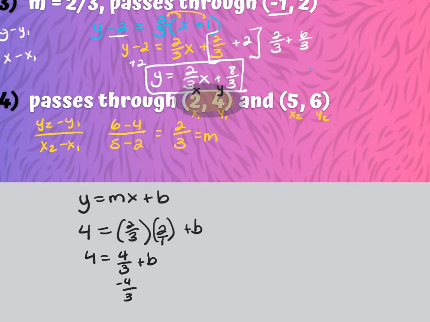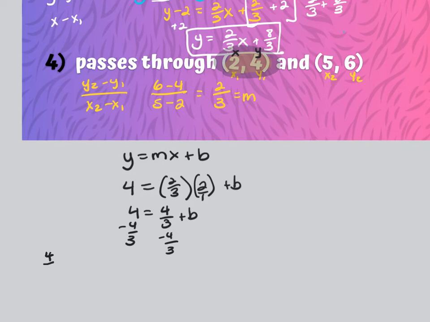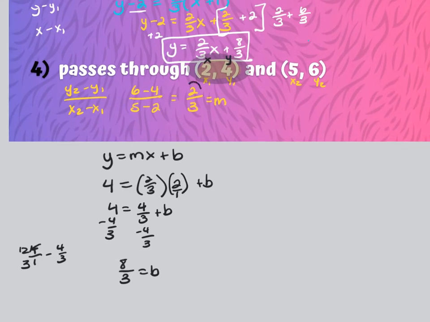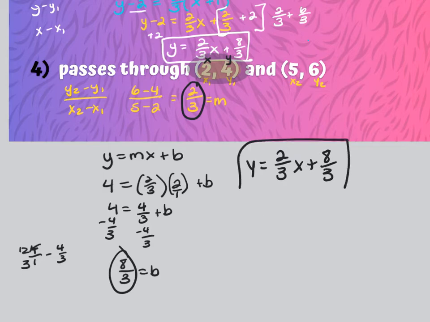Subtract 4/3. 4 over 1 minus 4/3 becomes 12/3 minus 4/3, which is 8/3. Now I take and plug back in my m and my b. Y equals 2/3 x plus 8/3.